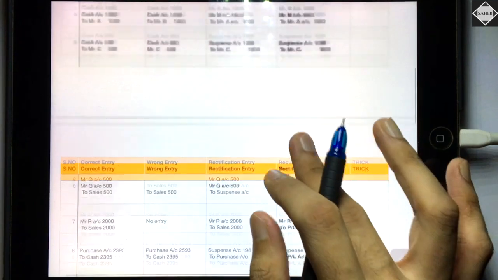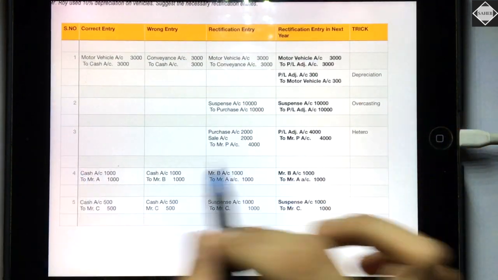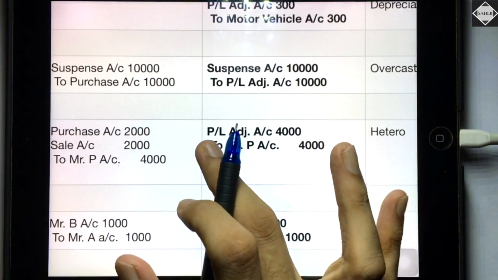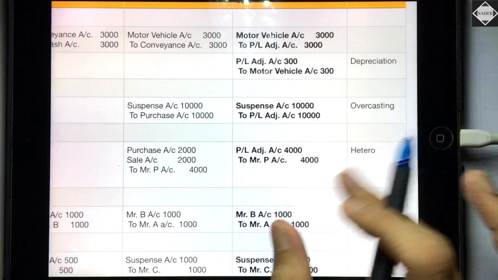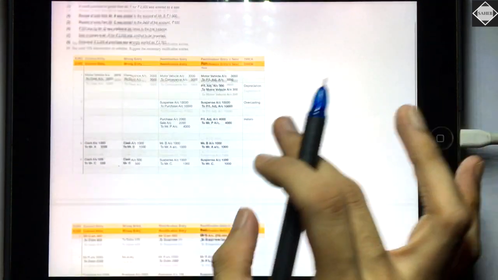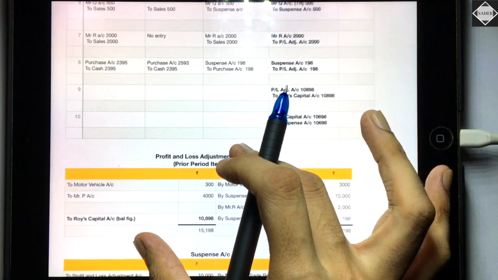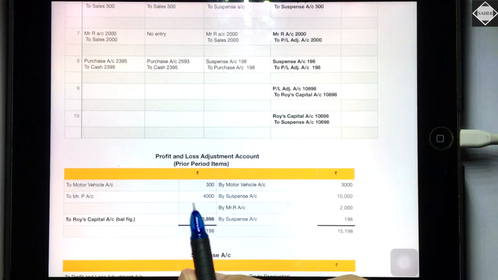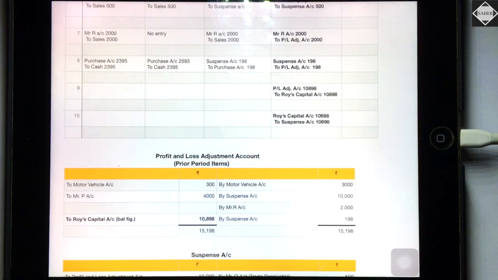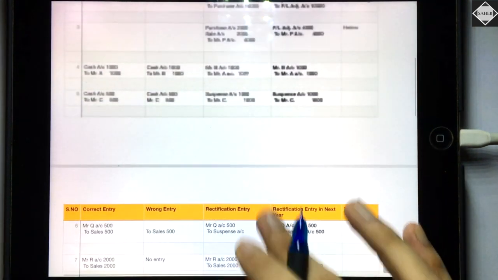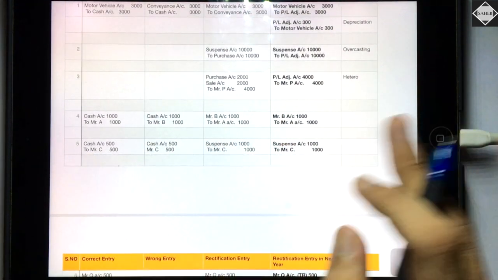This way you have to do this ledger account. In the third transaction, P&L adjustment account is getting debited because of Mr. P. The amount is 4,000. Write the amount in the debit column because of Mr. P. Clear? Easy. In 4, 5, nothing.